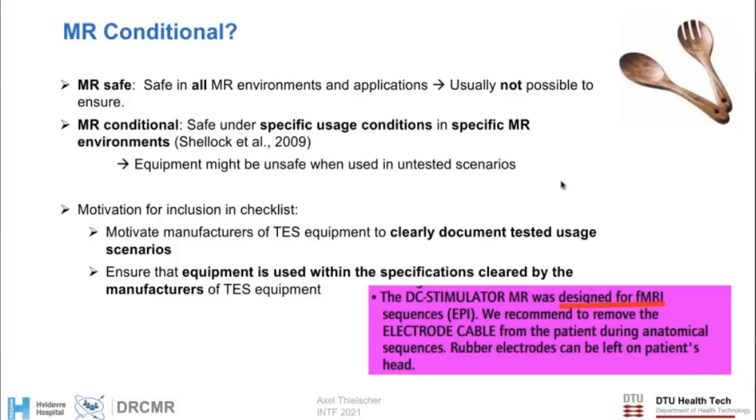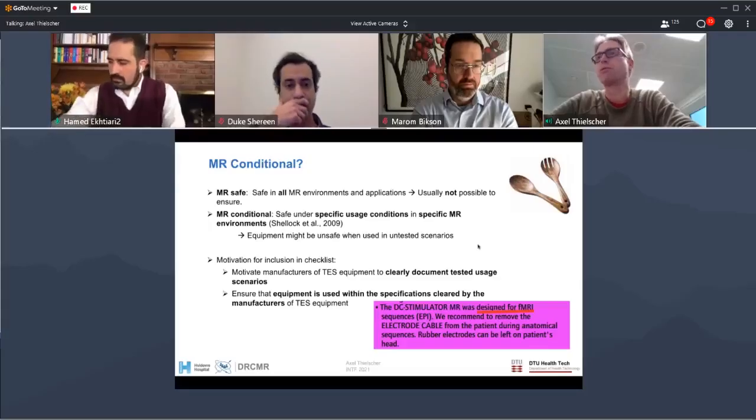So basically, what is MR conditional? We often talk about MR safety. The point is that it's really difficult to prove that you have equipment which is safe in all possible MR environments and applications. For example, you can have a wooden spoon, and there it's probably hard to imagine that this will physically interact with the MR via some physical mechanisms.